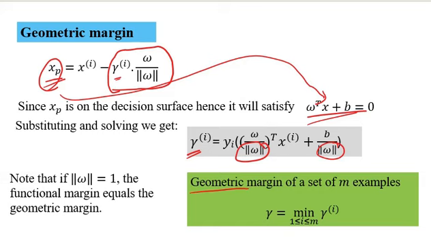And as before, for the case of functional margins, for a set of examples, we define similarly the geometric margin for the set of m examples as the minimum over all the samples.